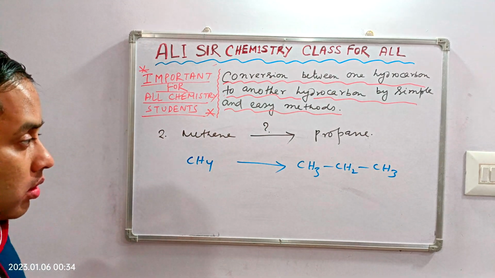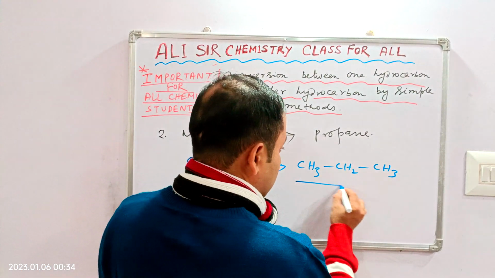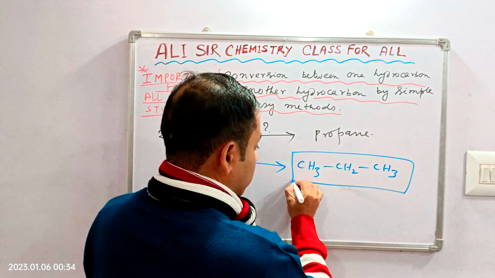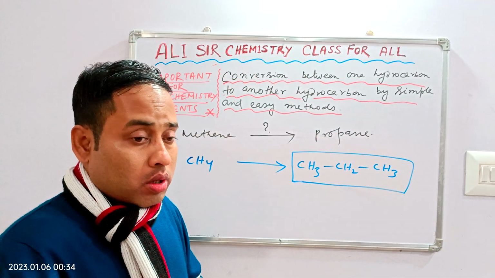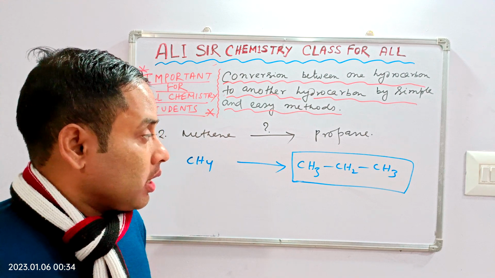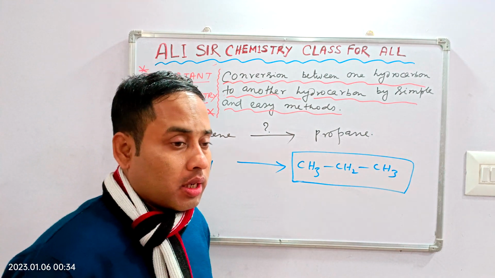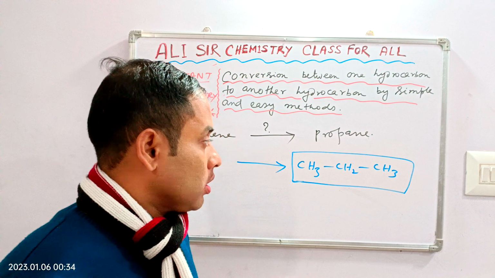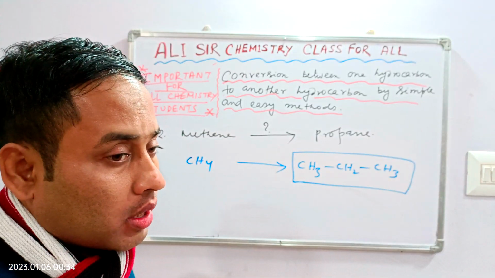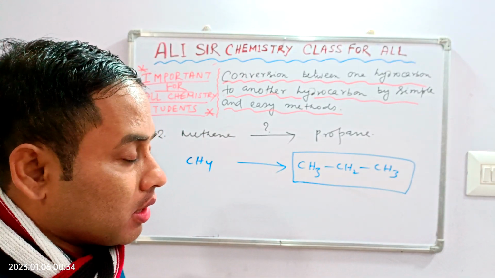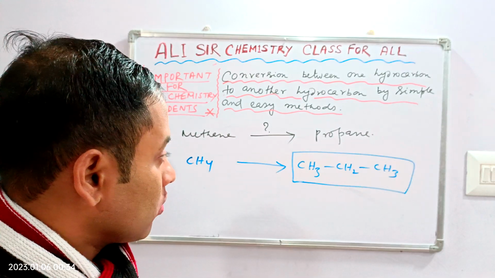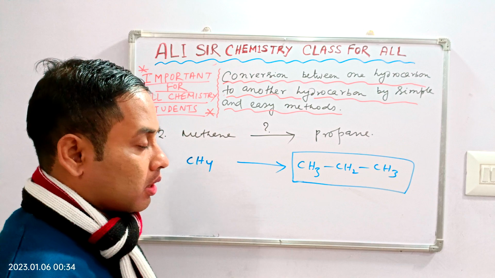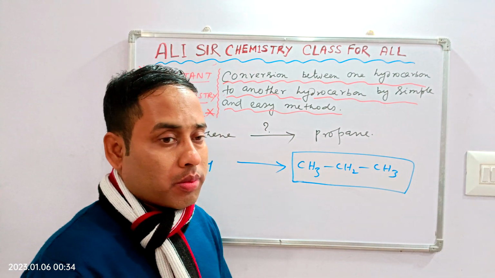So in propane, what type of alkane is this? I have already told you alkanes are of two types: symmetrical alkane and unsymmetrical alkane. Symmetrical means the two alkyl groups are the same. If we divide the alkane, we get two equal alkyl groups; that type of alkane is called symmetrical alkane.